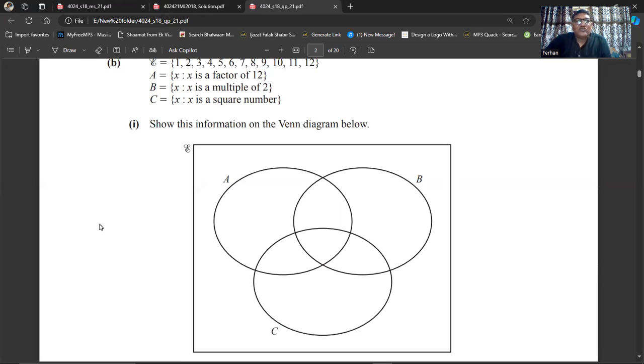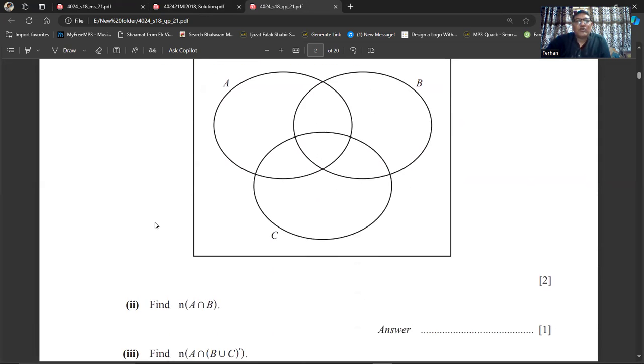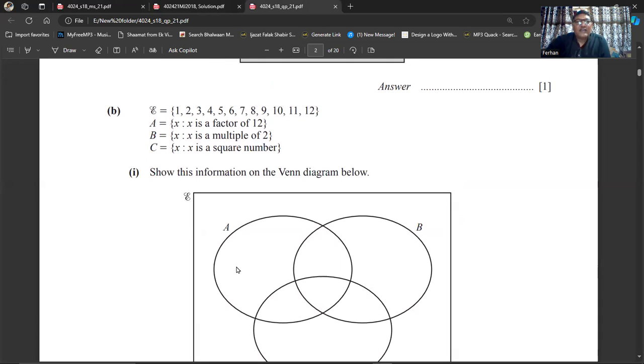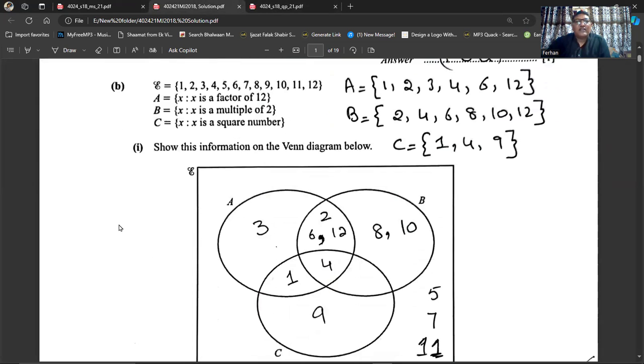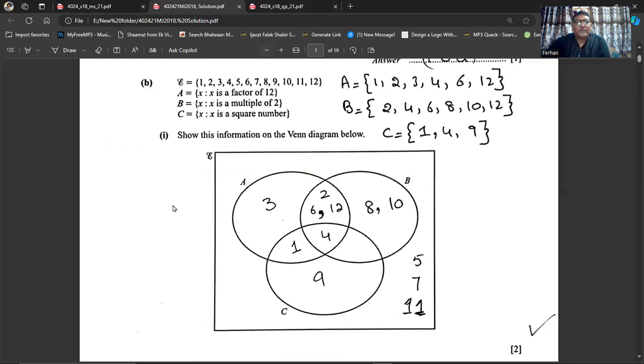Then he says, use this information on the Venn diagram below. So here, A is the factors of 12, B is multiples of 2, and C is square numbers. So the numbers which are common in all of them, we will write them here. I have written it, and here we go.